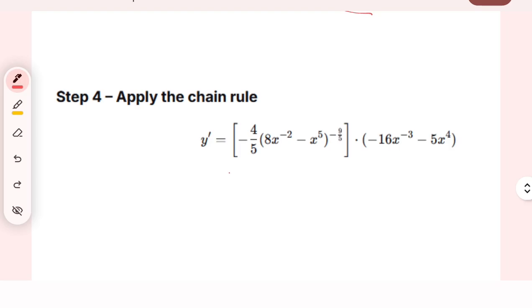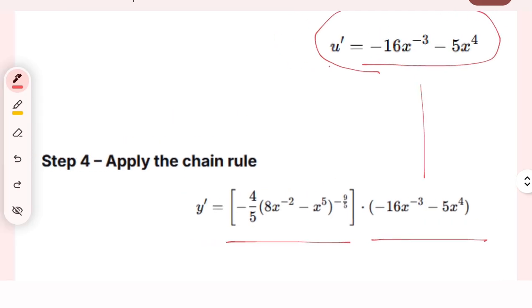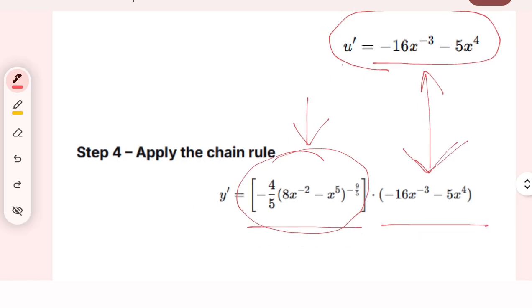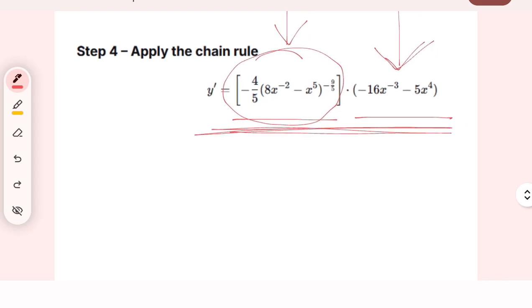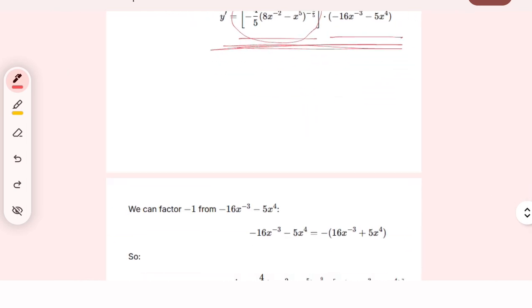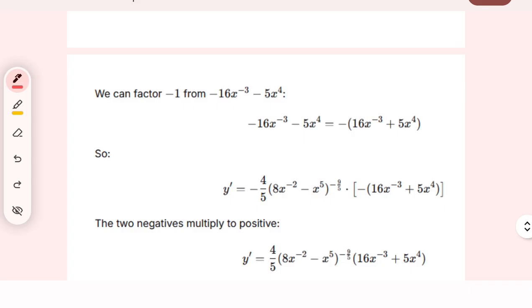So the chain rule formula is like this, and then this one, as you can see, is actually from the inside function. So this one must be from the outside function. So this is the outside function, and this is from the inside function, right? And then once we have those, we multiply both. Or you can even factor them, we can factor negative 1.